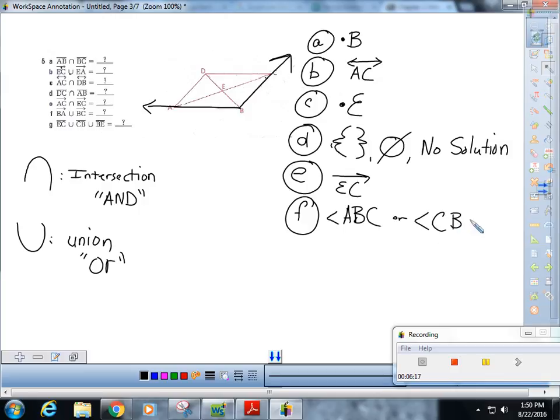How about this? What about angle B? Could we call it angle B? We could call that angle B, but we would not be correct because how many angle Bs are there? There's actually 3. There's angle ABE, angle EBC, and angle ABC, which is why you don't want to name angles by a single letter anymore. Got it?